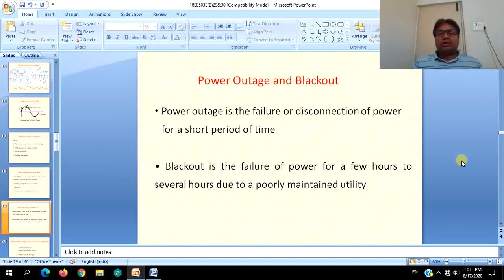Because of that, power to a particular street, locality, colony, town, village, or even a district or a state may be lost. It occurred in India around 2006 to 2008.